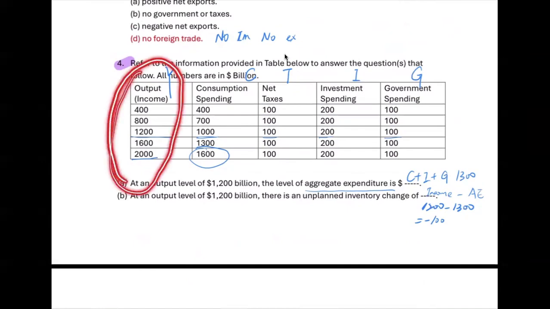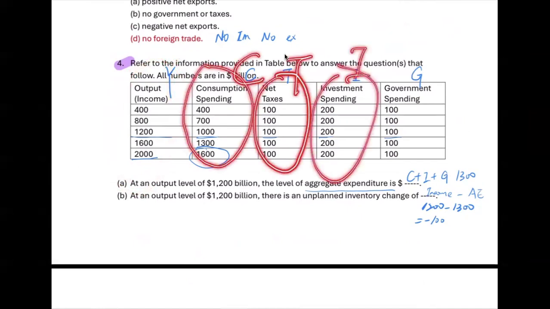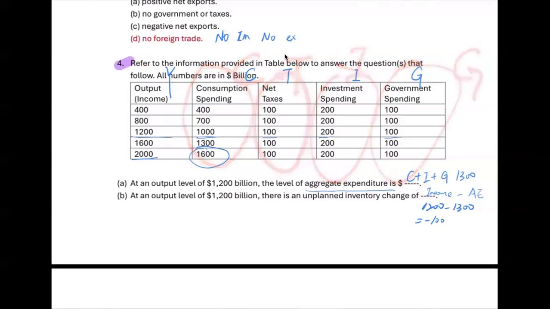The first column is actually Y, right? Second column, consumption, C. This one, tax. This one, investment. This one, G. So now it would become easier because we are just going to use several equations and then get our answer.